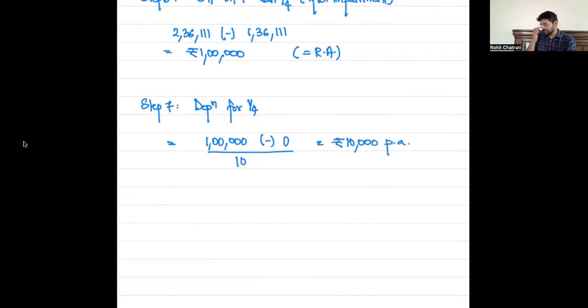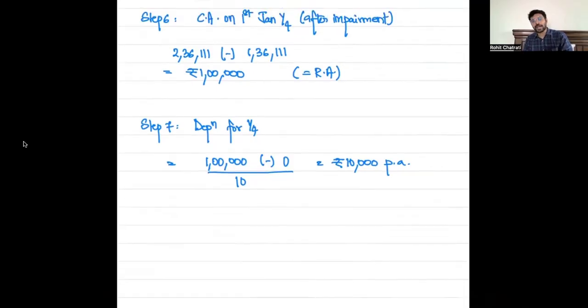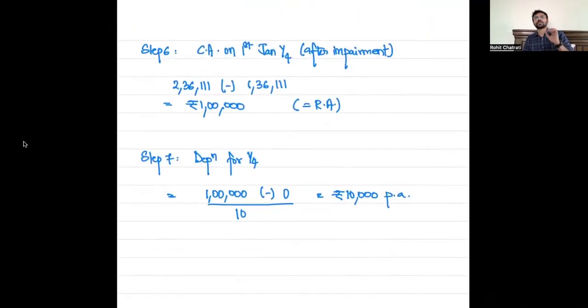So the depreciation that we would be charging for year 4 is equal to 10,000 per annum. How did we calculate this 10,000 per annum? We took the carrying amount after recognition of impairment loss. That carrying amount is going to be depreciated over its remaining useful life. Remaining useful life has been re-estimated as 10 years, and therefore this 1 lakh is depreciated over 10 years at the rate of 10,000 per annum.